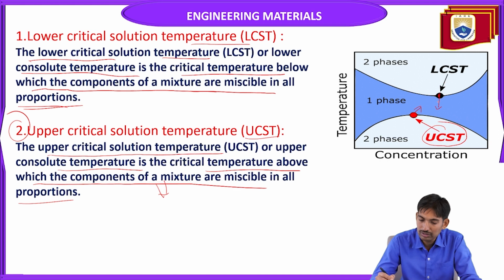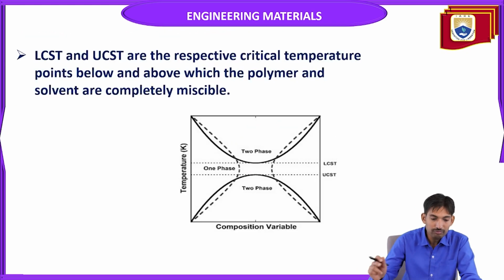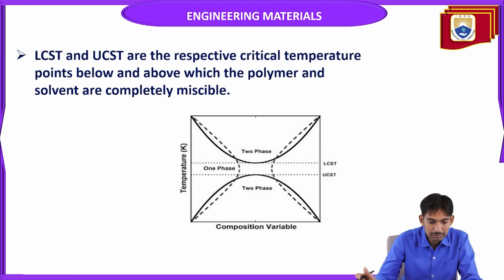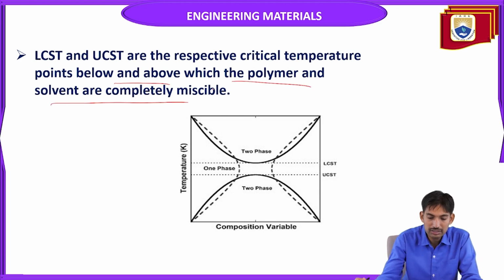Below the LCST, all components of a mixture are miscible, and above the UCST, the same, all the components of the mixture are miscible. The LCST and UCST are the respective critical temperature points below and above which the polymers and solvents are completely miscible.